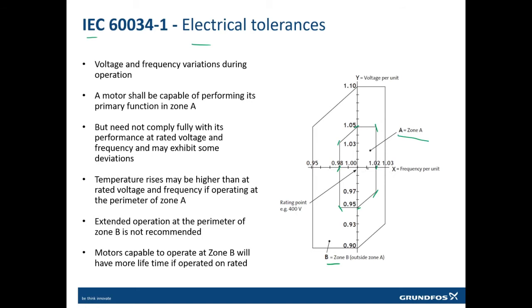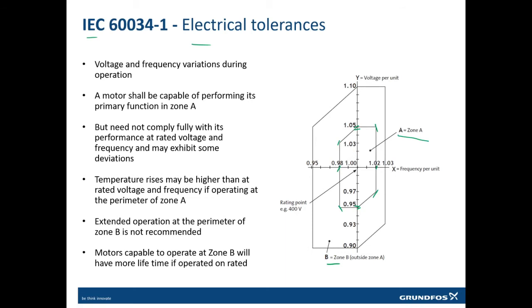You can have a frequency difference of plus minus 2%, which is minus 0.98, you can go plus 1.02. The motor will not have any effect on its life, operation or kilowatt. Similarly, in zone A, you can go plus 5% and minus 5% on the voltage. So these are the zone A tolerances.